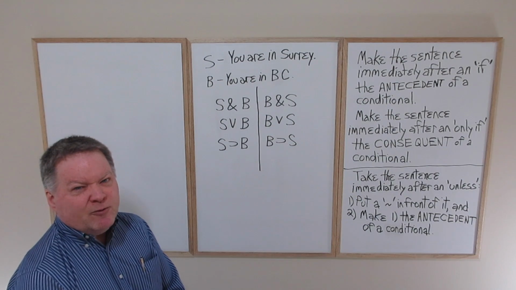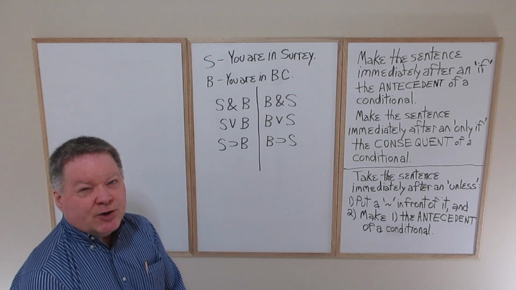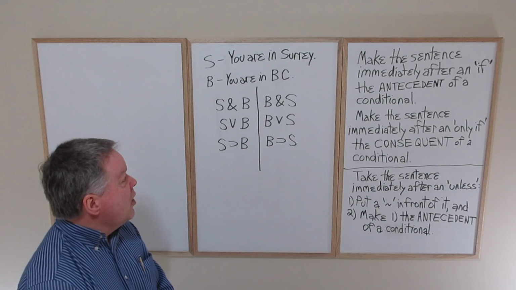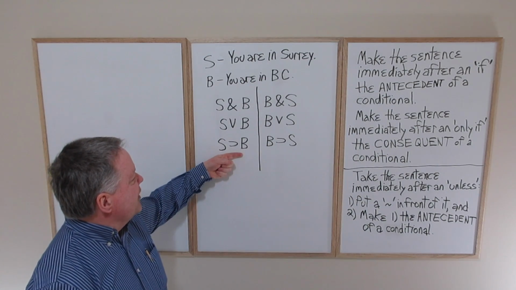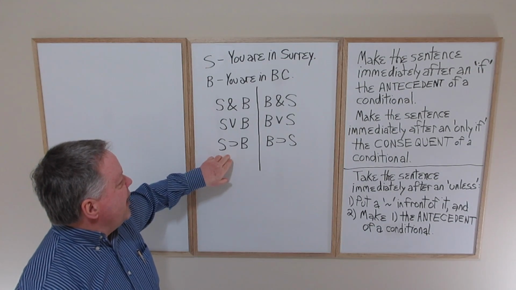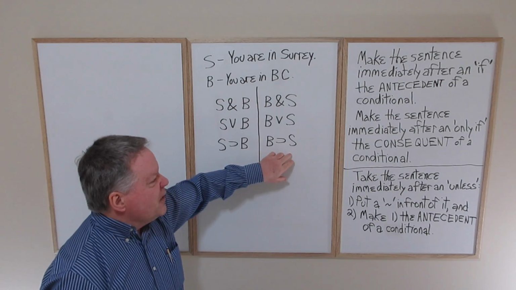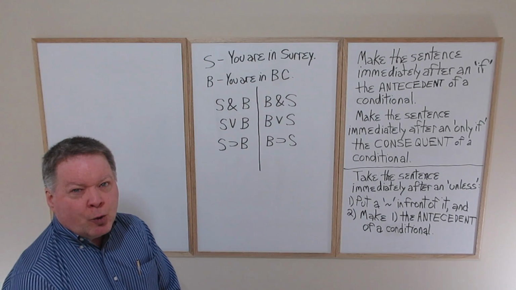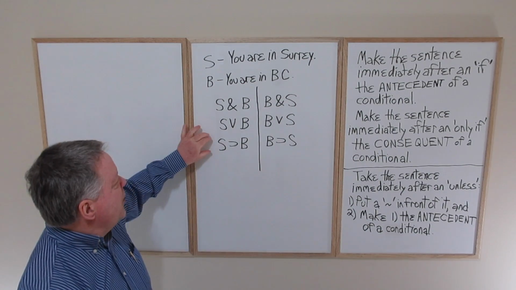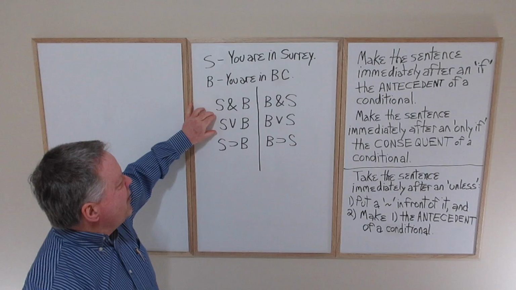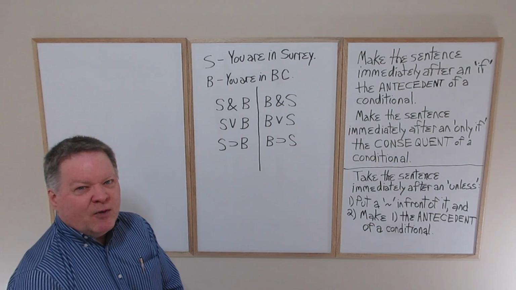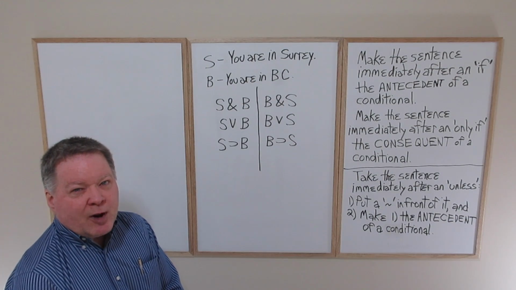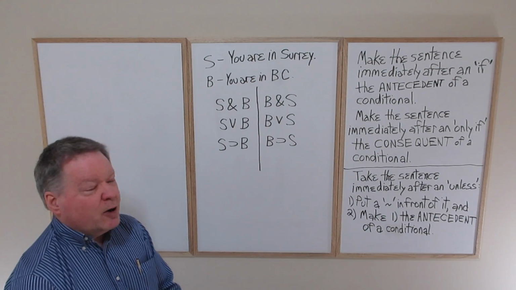So you're very definitely changing the nature of the commitment you are making when you switch the order of a conditional from S horseshoe B to B horseshoe S. The order matters with the conditional. Doesn't matter with the conjunction or the disjunction. That's why we've got two separate names for each of the two parts.